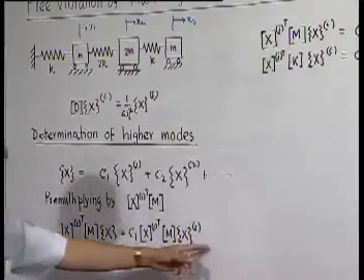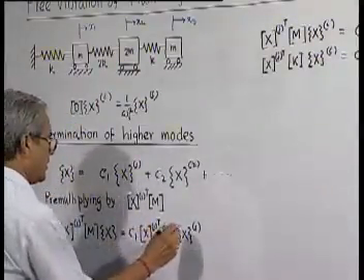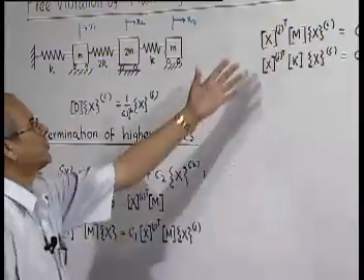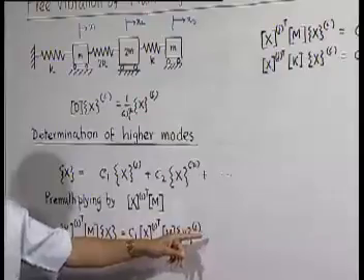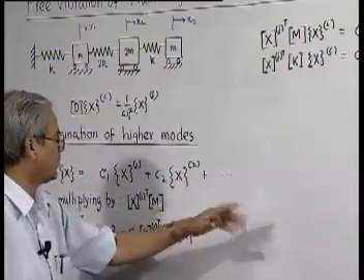All other terms will be 0 because of the orthogonality condition. This is the only term that survives, where this is 1 and this is 1. Later this will be 1 and the other will be 2, giving 0, and so on.